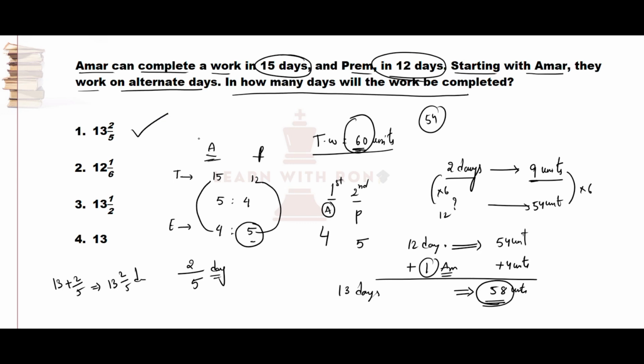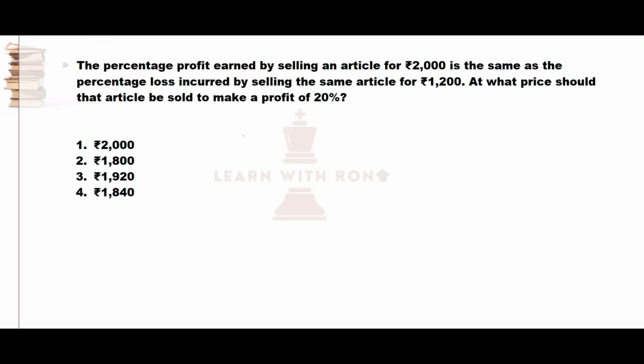Let's hear next question. See this question here. Here they have said profit percentage earned by selling an article for 2000 is same as percentage loss incurred by selling the same article. See here, before that I am going to tell you a small concept. Profit percentage is nothing but profit by cost price multiplied by 100, right? Loss percentage is nothing but loss by cost price multiplied by 100, right?